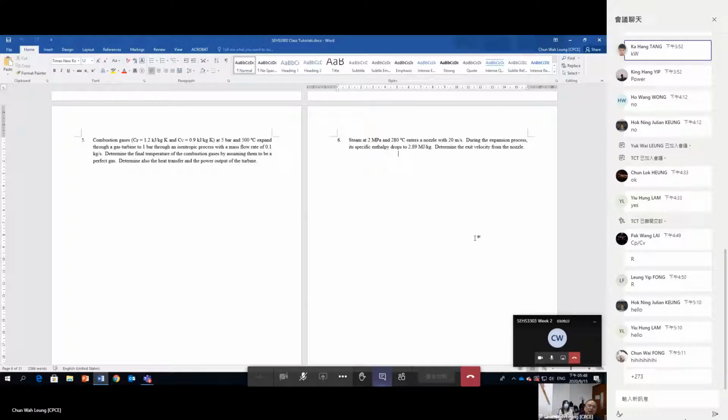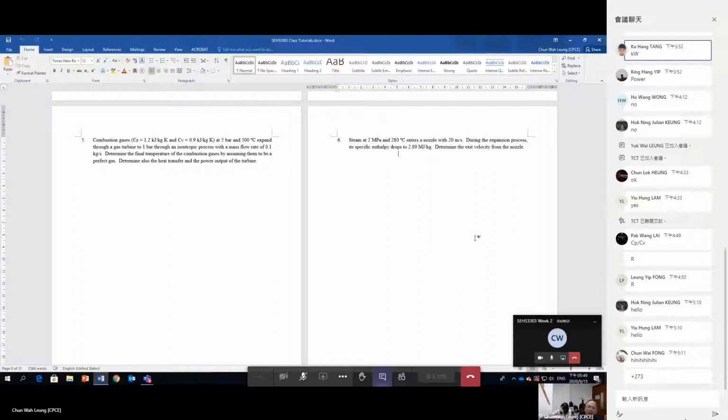Now, this is a gas. So therefore, for pressure we will use kPa, kilopascal. So 5 bar equals 500 kPa, and 1 bar equals 100 kPa. But for gas temperature, we should use absolute temperature.